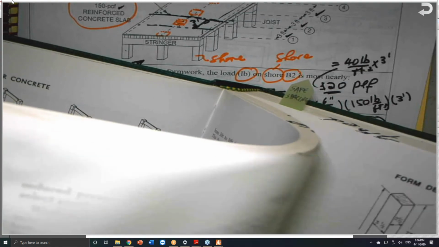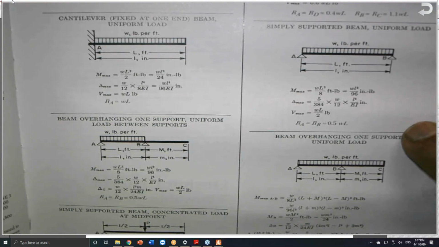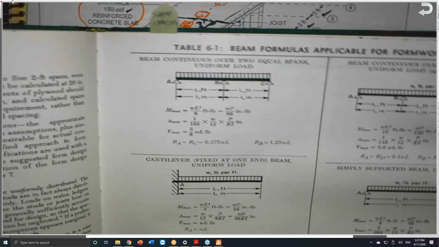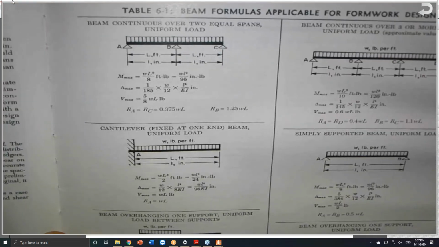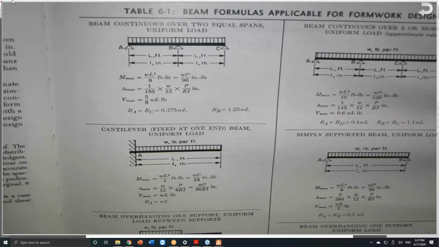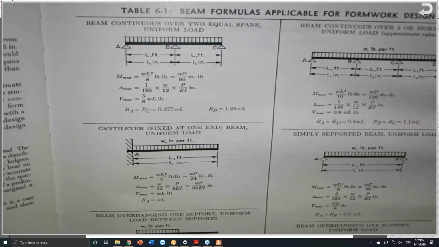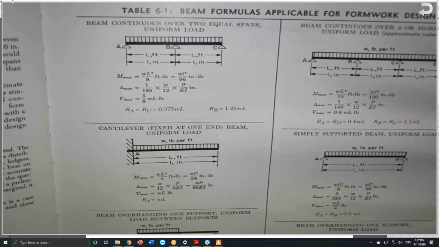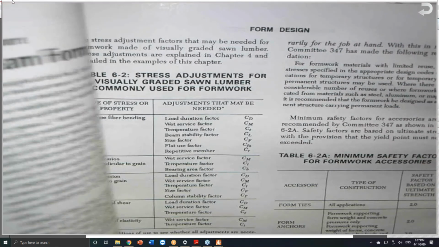So basically the beams and moments and all these things are still the same. Here it is, still the same. The formulas and all these things are still the same, and nobody will ask you to derive these equations.